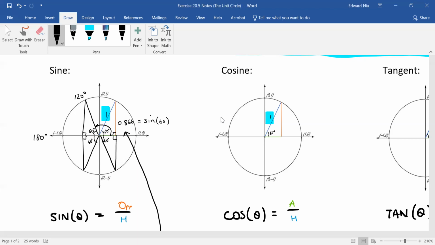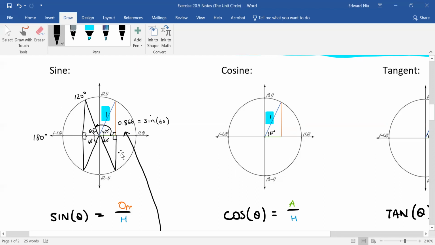So this entire angle from the dot to the second reflected triangle is going to be 120. Now, if you go sine 120 in your calculator, what do you get? 0.866 again, right? So we can say this side line here is also 0.866, and we know it's going to be a positive 0.866 because CAST.